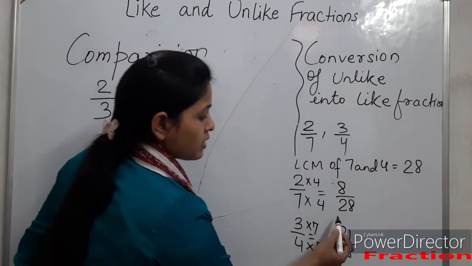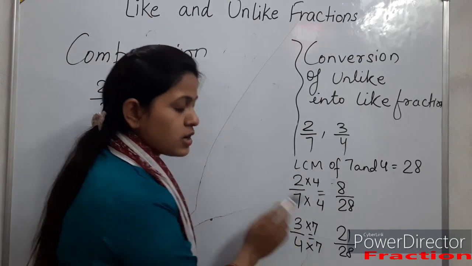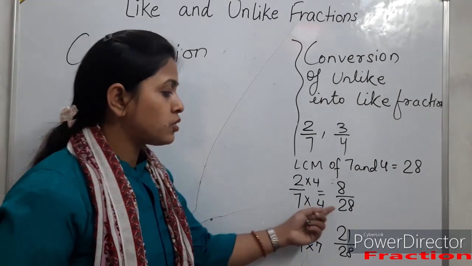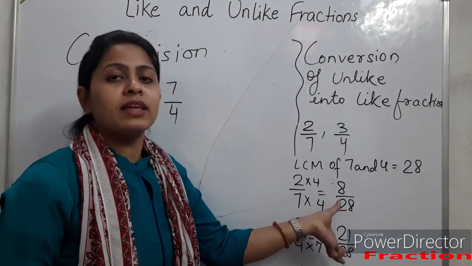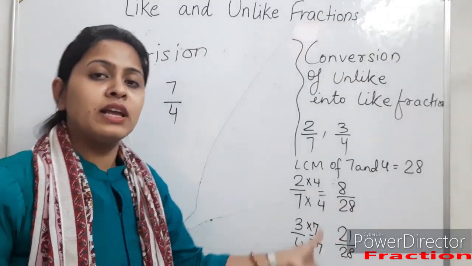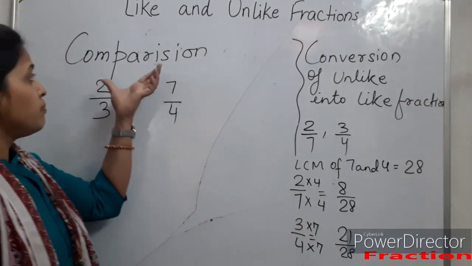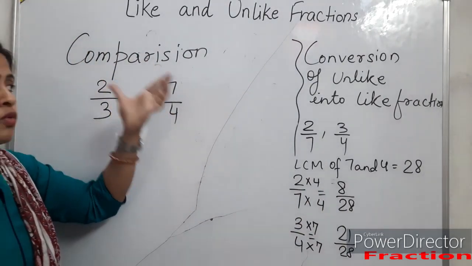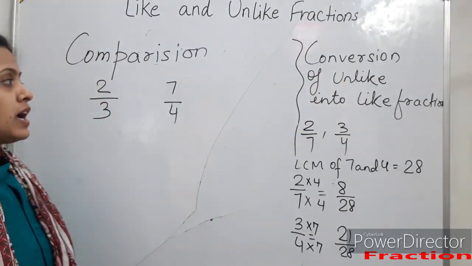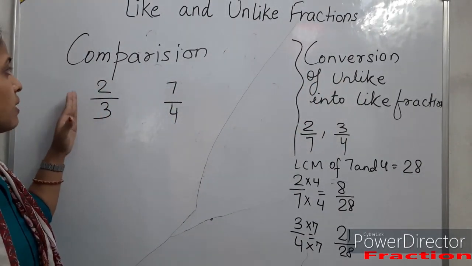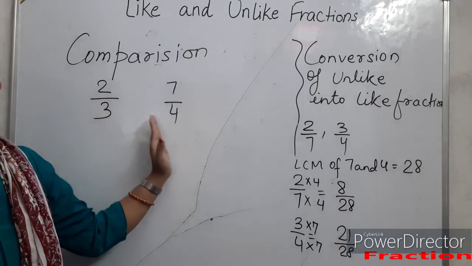Now we can see 8 by 28 and 21 by 28. In both fractions, the denominators are equal, so they now come in the category of like fractions. So before doing the comparison, we should know how to convert unlike fractions into like fractions. Now the question is to compare 2 by 3 and 7 by 4.